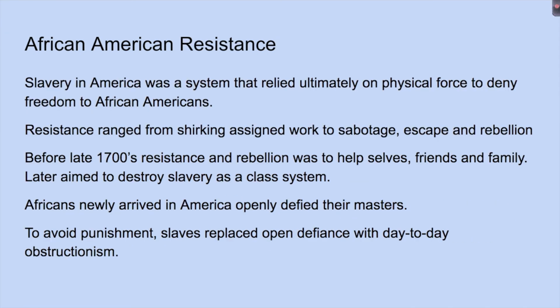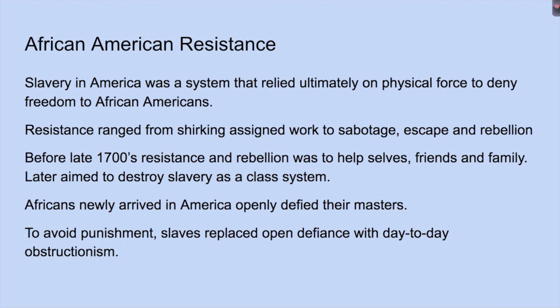So, a common question with slavery in North America is why didn't more slaves rebel? There was quite a bit of resistance as opposed to open rebellion. You have to remember that slavery in America relied ultimately on physical force to deny freedom to African Americans. So, resistance had to come in a different way.